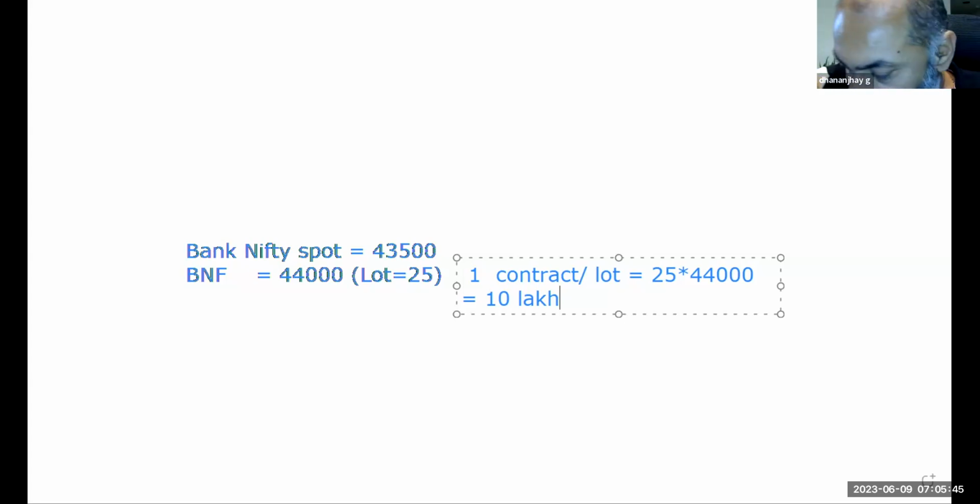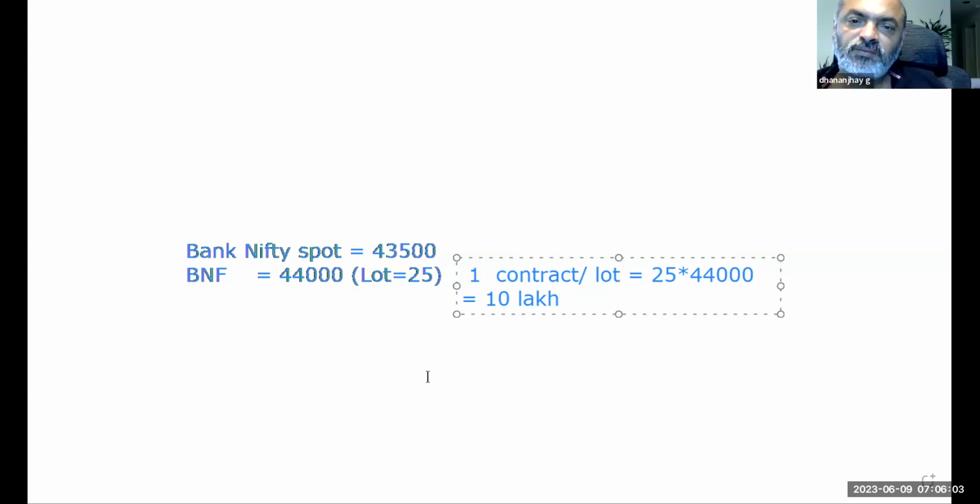Here we have taken 25, and this 25 is decided by the exchange. So 25 is the fixed number of contracts in a lot.